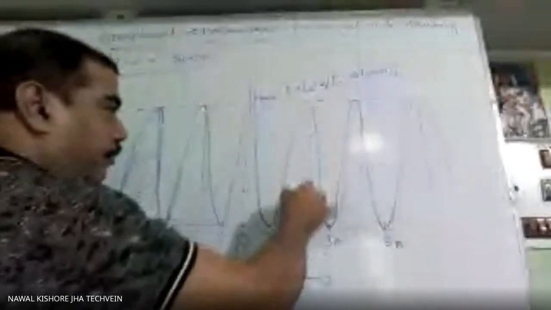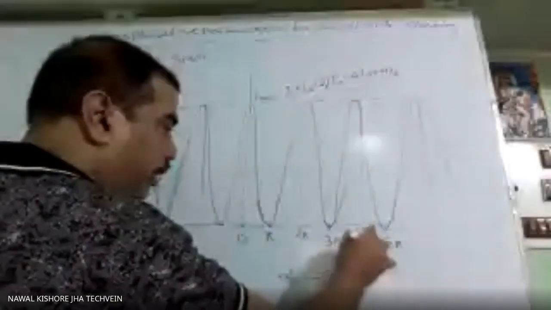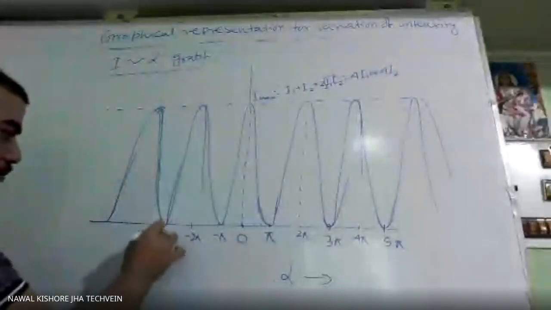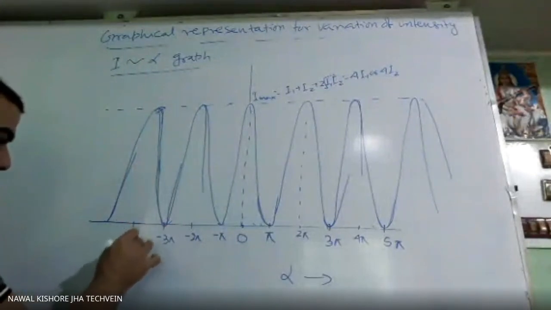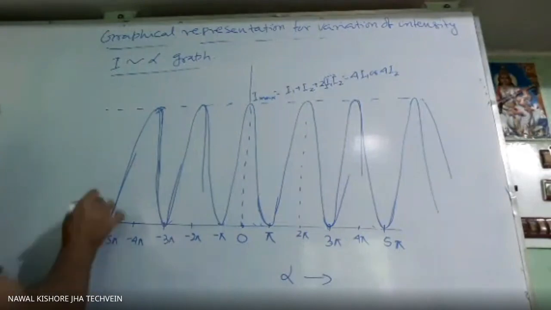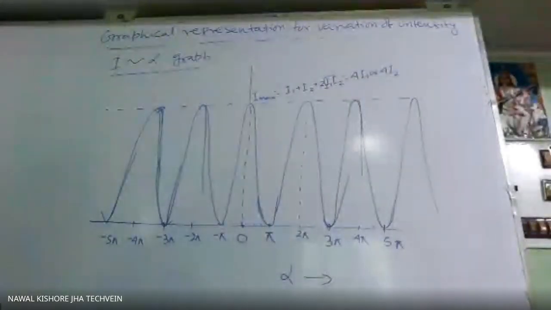And here it will become 2 pi. Here it will become 4 pi. Similarly, this side will become minus pi, minus 2 pi, minus 3 pi. It will continue on both sides. So in case of interference, we are getting many fringes.